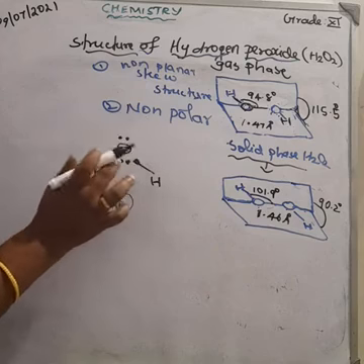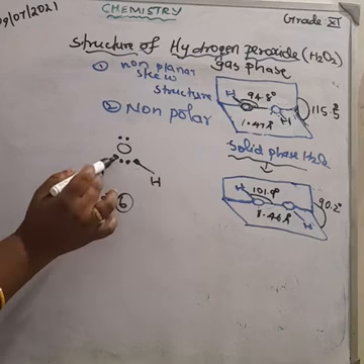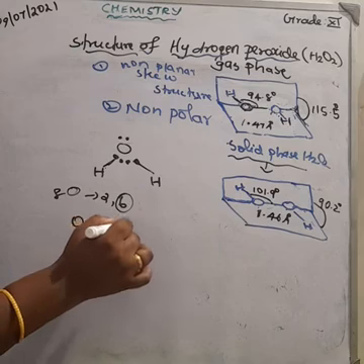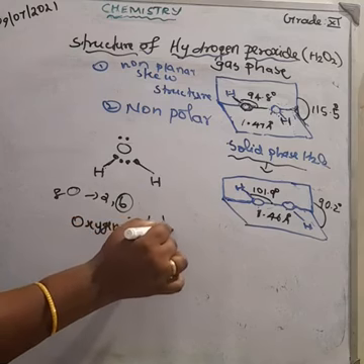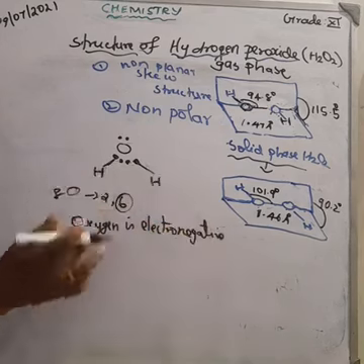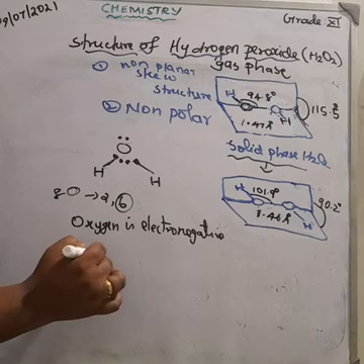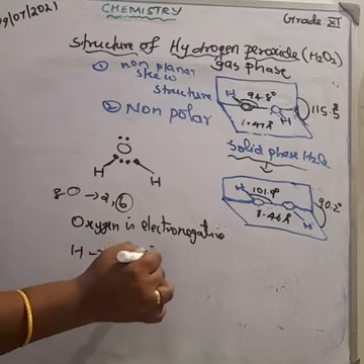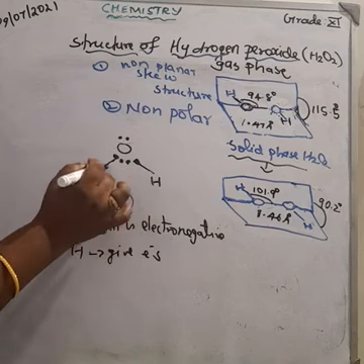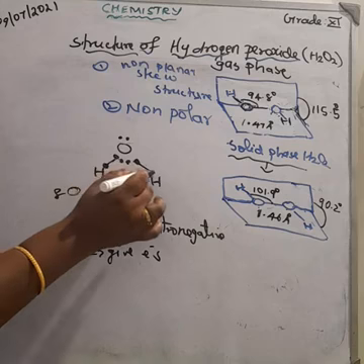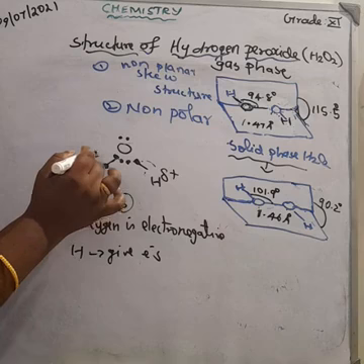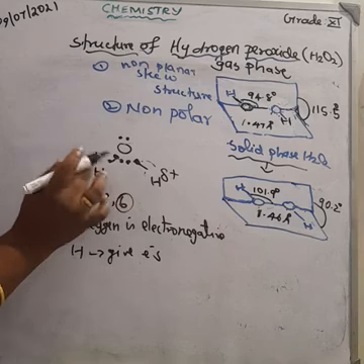Here oxygen is one of the most electronegative atoms. Electronegative means it always attracts electrons towards itself. But hydrogen likes to give electrons. So the hydrogen atom gives its electron towards the oxygen atom, and it becomes positively charged. Both hydrogen atoms become slightly positive.